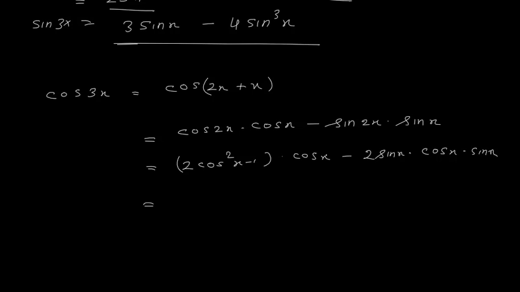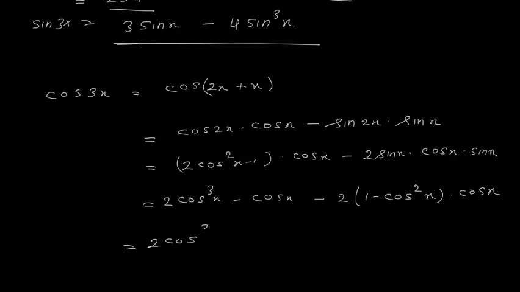So here I can open the bracket. This is 2 cos cube x minus cos x minus 2, this sin x into sin x is sin square x, I can write this as 1 minus cos square x into cos x. So this is 2 cos cube x minus cos x minus this is 2 cos x and minus minus plus 2 cos cube x.